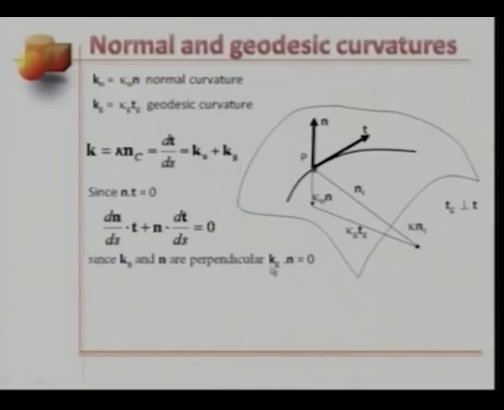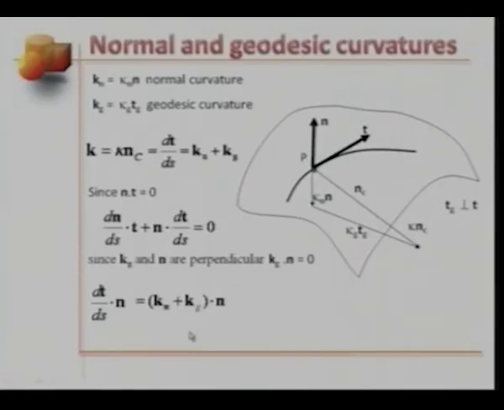So we'll have k sub g dotted with n as 0. Okay, coming back to this result, dt over ds dotted with n is equal to k sub n plus k sub g, this vector dotted with n. Now if you realize, this vector comes from this relation here.